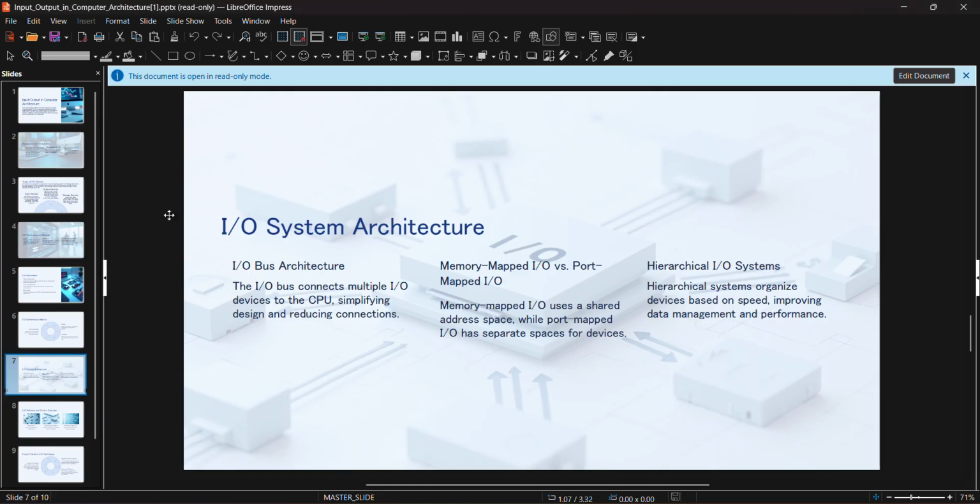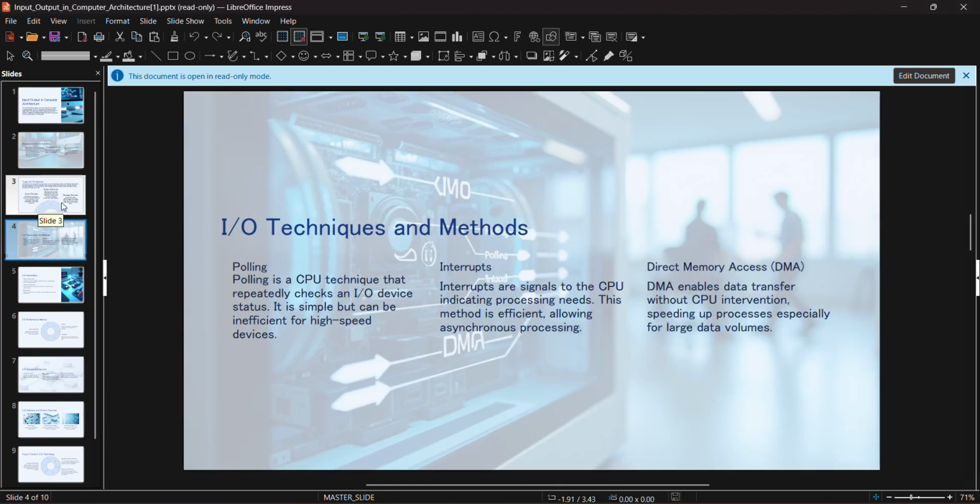Now let's quickly look at the input output techniques and methods. So we have the polling technique, or the polling method.